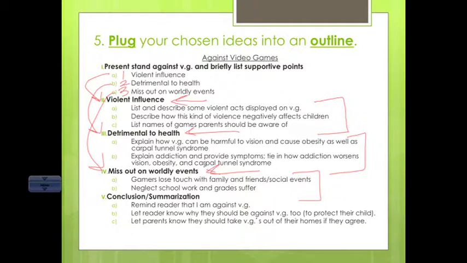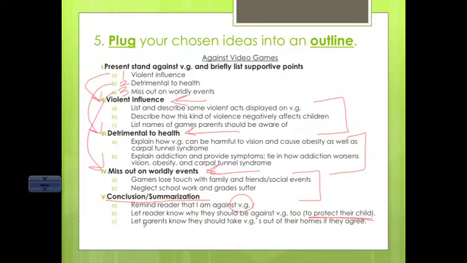I'm still not using complete sentences. There are no periods. These are just sort of incomplete thoughts, but main ideas at the same time. Now, next thing we're going to look at is the conclusion. In our conclusion, I'm going to remind the reader that I'm against video games. Now, you might have a different opinion on that. I'm also going to let the reader know why they should be against video games, and let's throw in that to protect their child. Who doesn't want to protect their child nowadays?